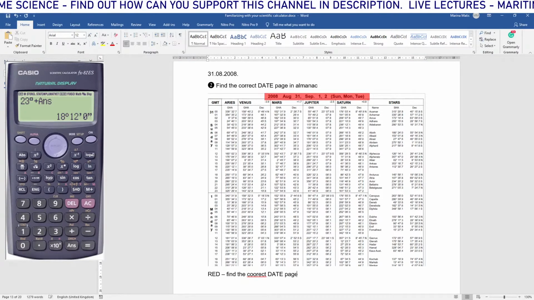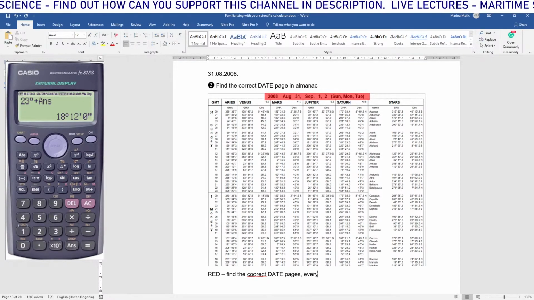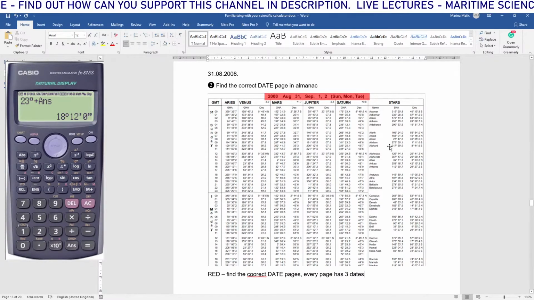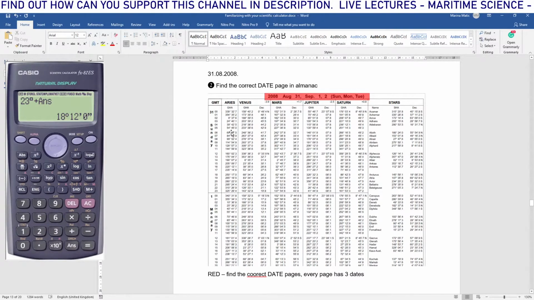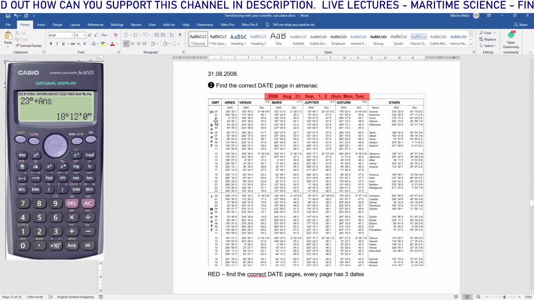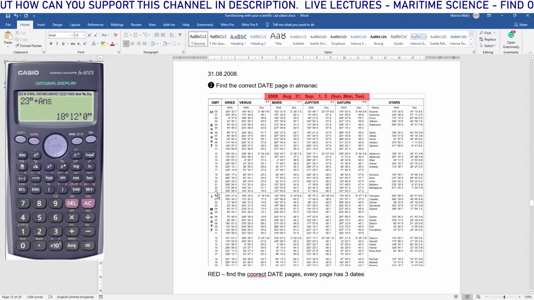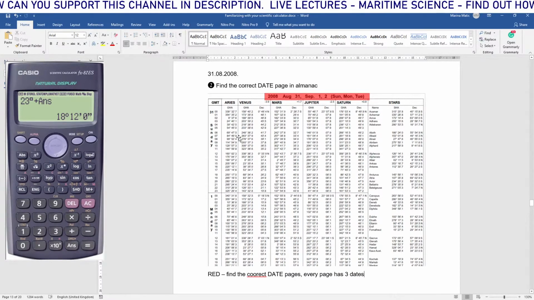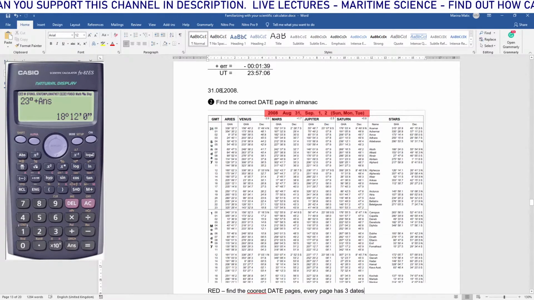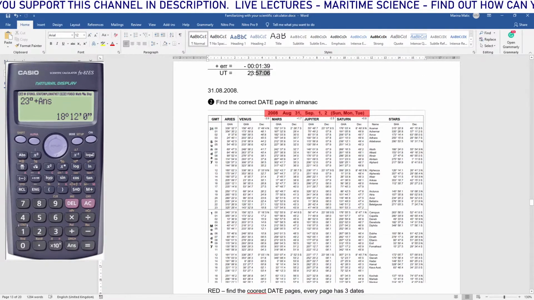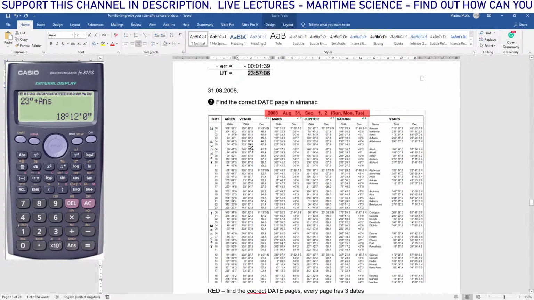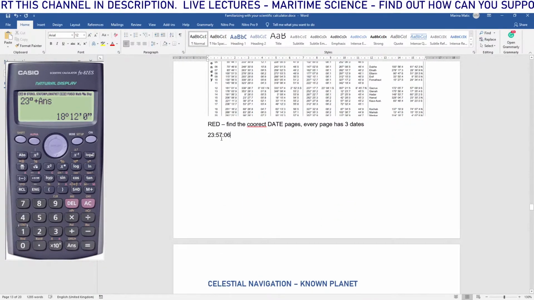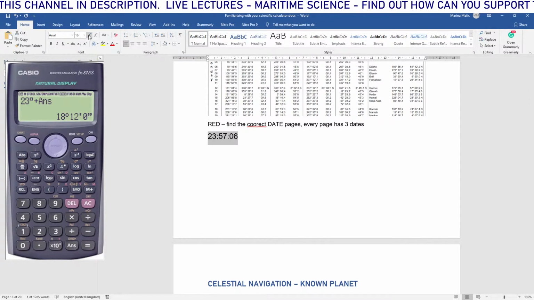date pages. Every page has 3 dates. So every page has 1, 2, 3 blocks, and for every full hour between midnight to 23, midnight belongs to the next day, you will have on the one page 3 dates, and we are looking for the 31st of August, and let me just copy this here, and let's zoom this in a little bit.